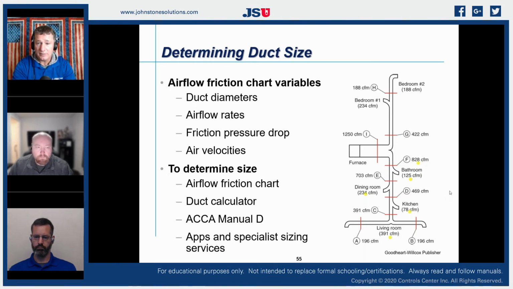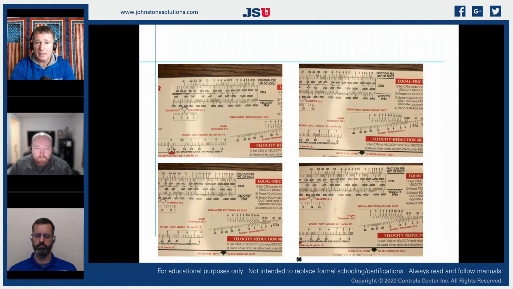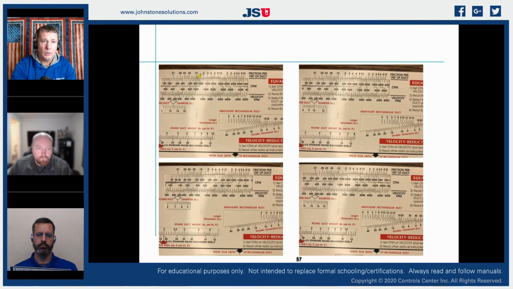So now all I have to do is plug that in. I'm going to plug my 828 CFM into my duct calculator at 0.1. That would be 828 at 0.1, and that's going to give me an 8x18, right? It's just under an 18.